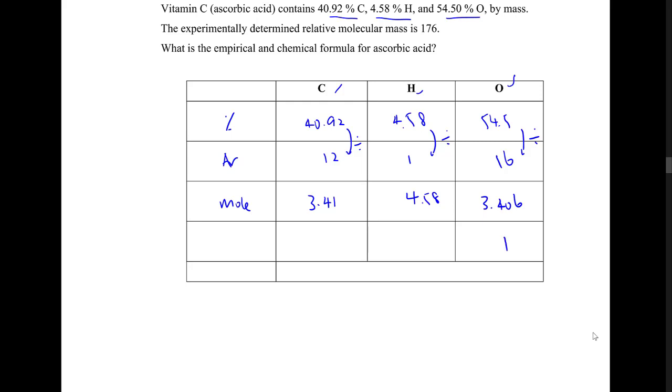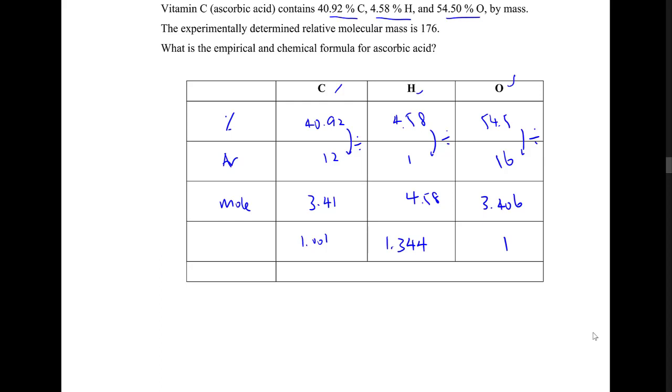I'm going to get 1. 3.41 divided by 3.406 gets me 1.001. And 4.58 divided by 3.406 gets me something like 1.34.